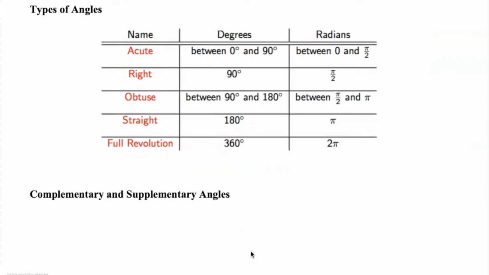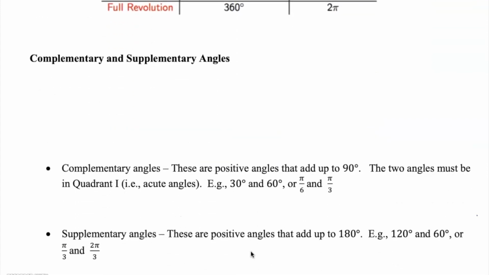The concept of complementary and supplementary angles. Complementary angles are two positive angles that add up to 90 degrees in total. The two angles must both be acute, so in quadrant 1 if we are in standard position. For example, 30 and 60 degrees give a total of 90 degrees.